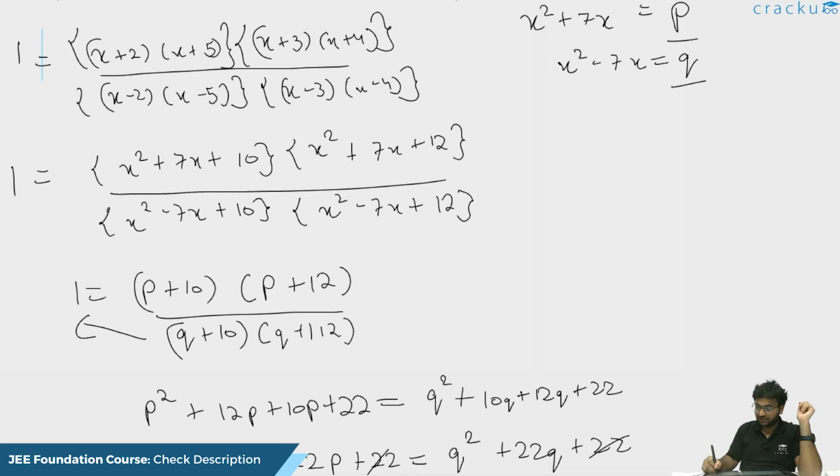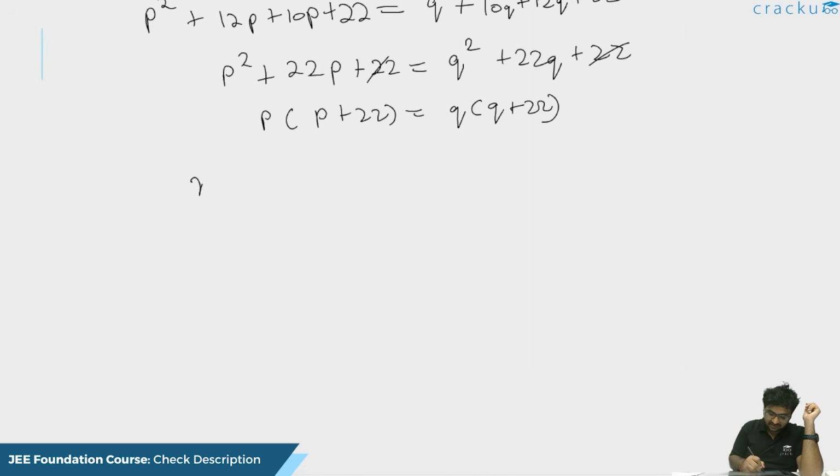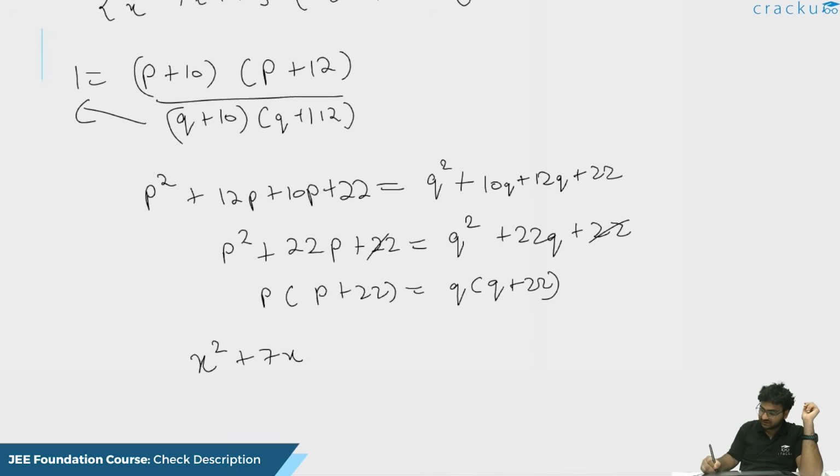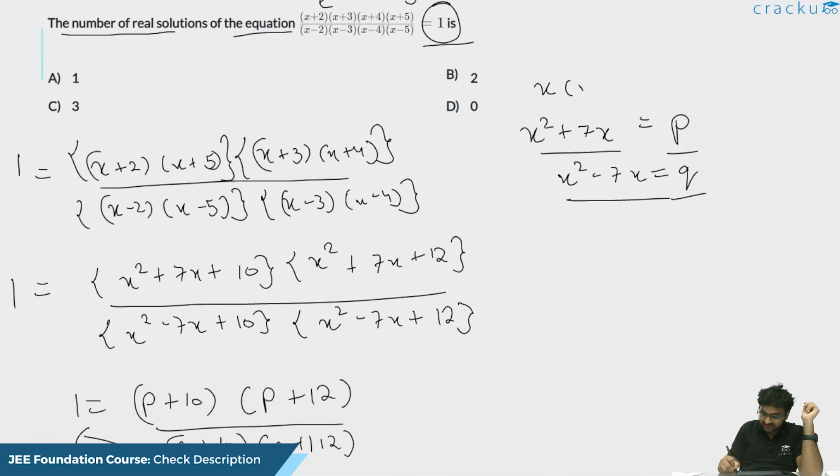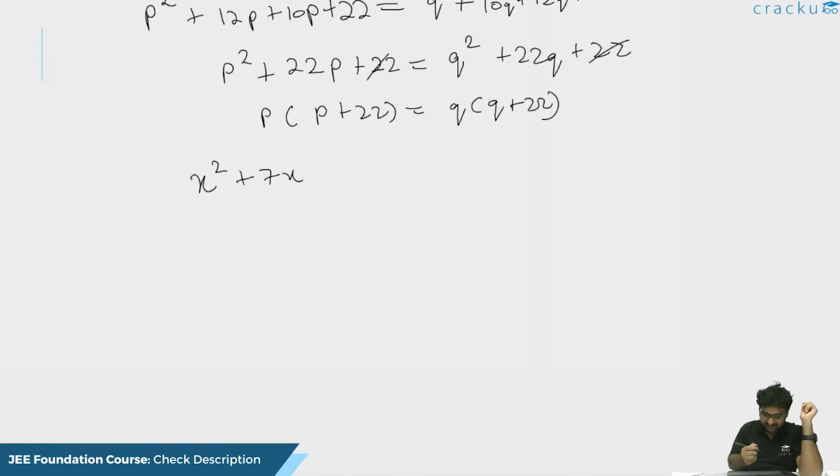Now what we can do is replace this P by x square plus 7x and Q by x square minus 7x. So P is what? x square plus 7x, which can also be written as x into x plus 7. Okay. So I will write P as x into x plus 7.